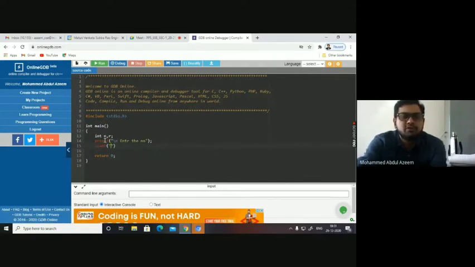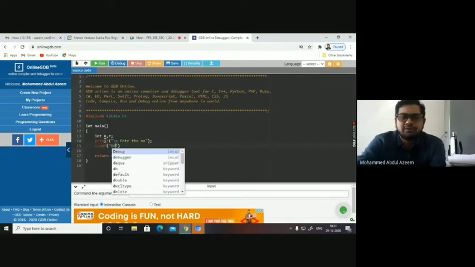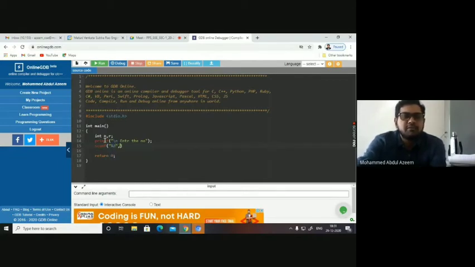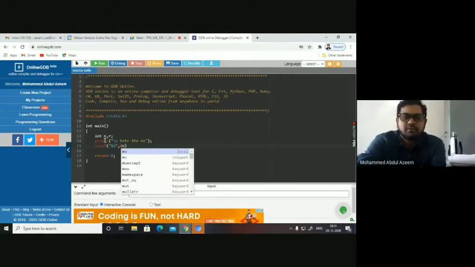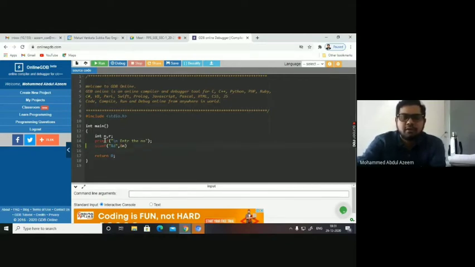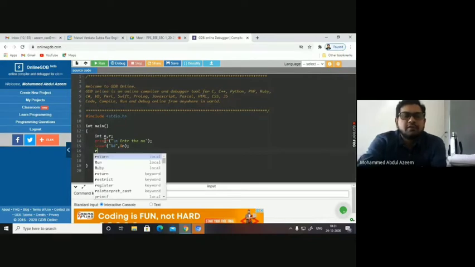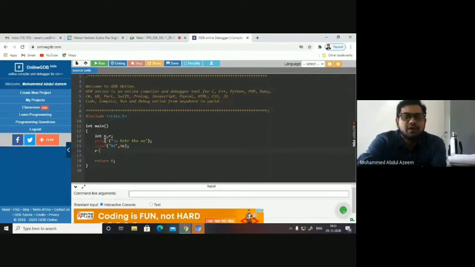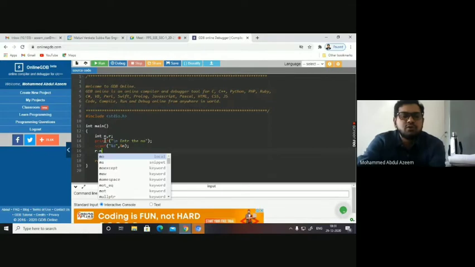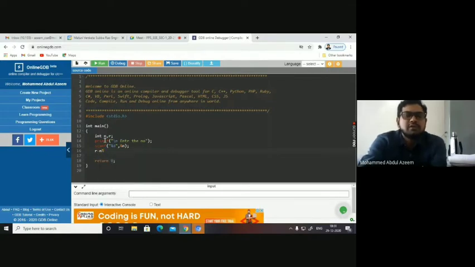It is an integer, so the format specifier must be %d, comma ampersand n. Then you are going to divide n by 2 and obtain the remainder out of it, which you are storing in R.